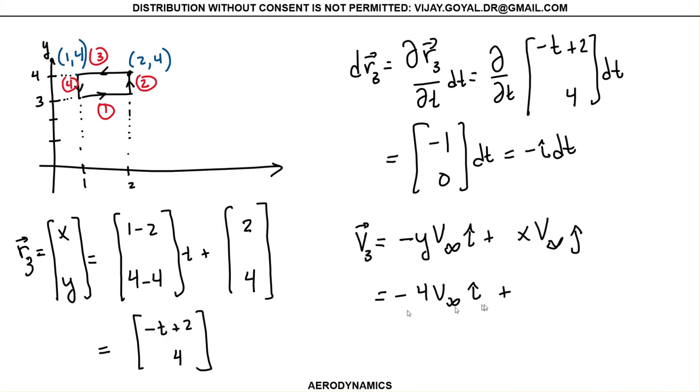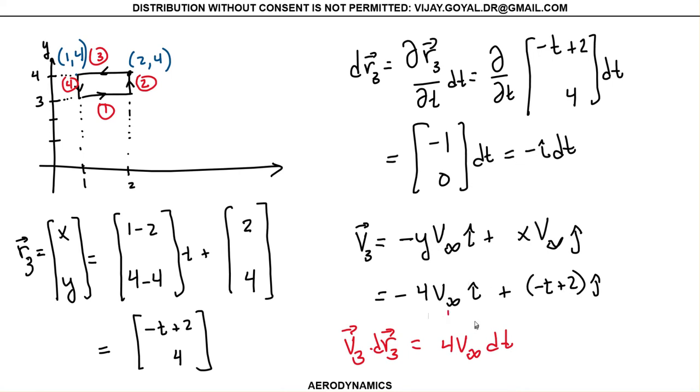X is minus t plus 2, so this becomes minus t plus 2 j. And now I need to take this dot product, this dot this, and you can see I only have this term that remains, and that term is actually a positive term. So it becomes 4 v infinite dt. Okay, so this will be for this term right here.